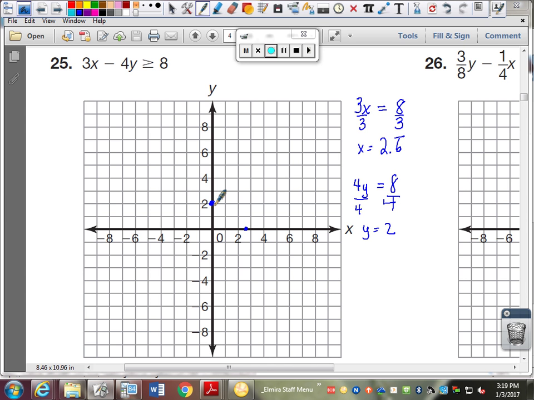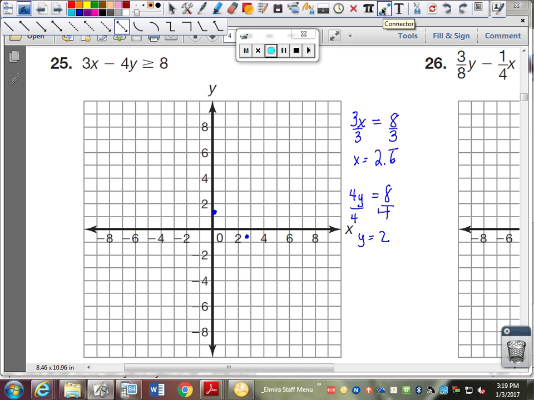Now, again, since we're only using the intercepts to graph, I would highly encourage you to use a ruler at this point. I'm going to use the line tool on Active Inspire. Okay.